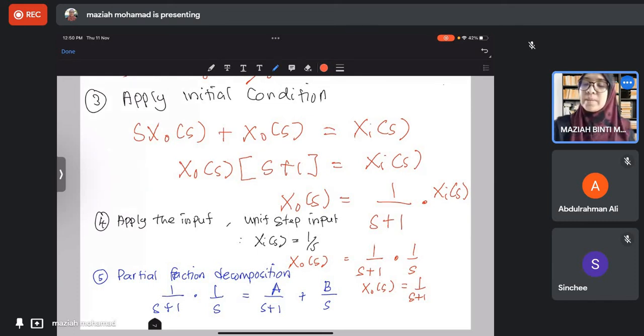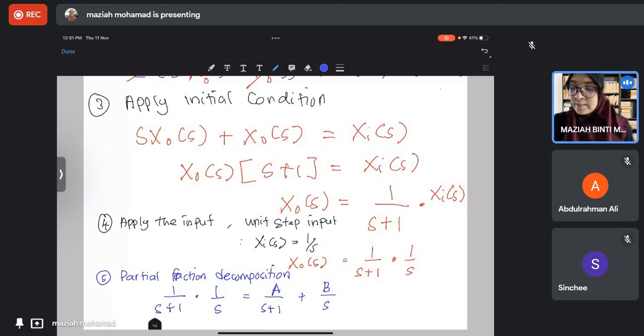Buat partial fraction je. So if we're using partial fraction, reminder theorem, so you're going to have A over s plus 1 equal to 1 over s plus 1 multiply 1 over s with s equal to minus 1.